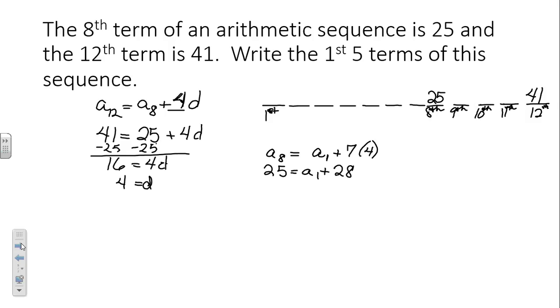Seven times 4 is 28. So what's our first term? -3. So -3 is our first term. Our common difference is 4. What's our second term? What's our third term? And our fourth? And our fifth.